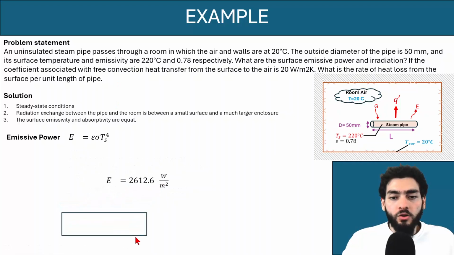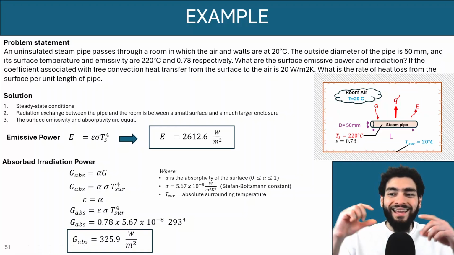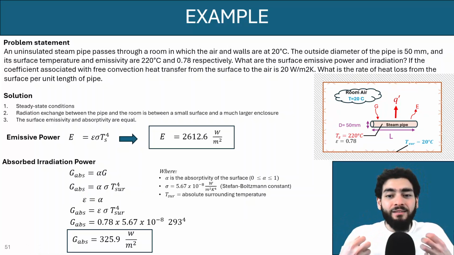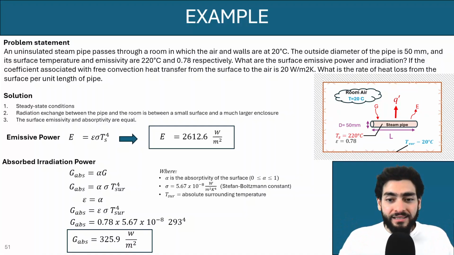Now, we also need to calculate the absorbed irradiation power, which is G, and that is essentially the radiation from the surrounding hitting the steam pipe. We know that the absorbed irradiation power is some absorptivity factor multiplied with the total irradiation power, which is G. The absorbed irradiation is what we really care about, because it represents how much thermal energy is absorbed by the steam pipe.